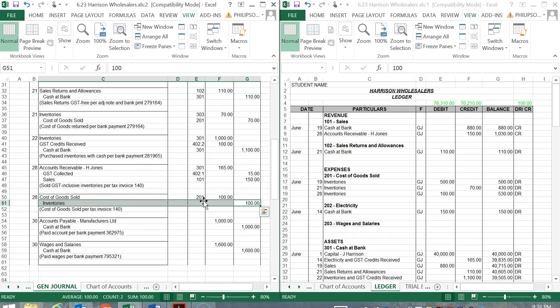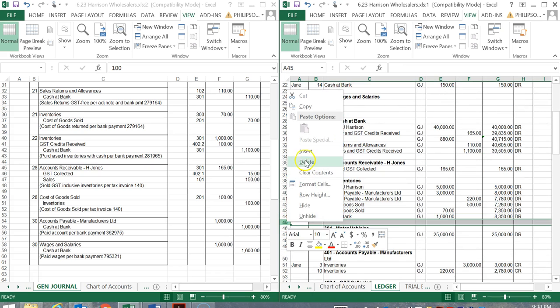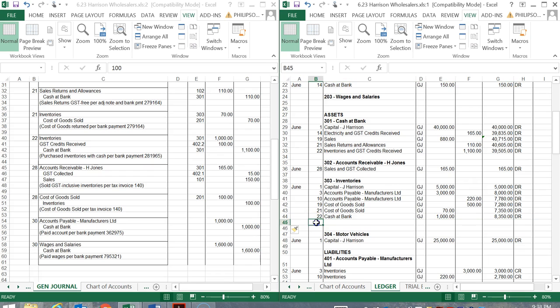Decrease our inventories account by $100. Let's come down here, I'm going to insert a line. Putting that date, 28th. $100 credit. So therefore we subtract the credit from the debit. Okay, so 8350 minus 100.